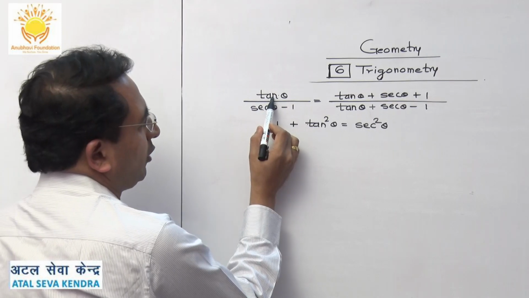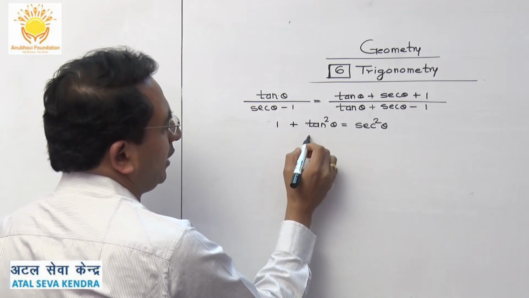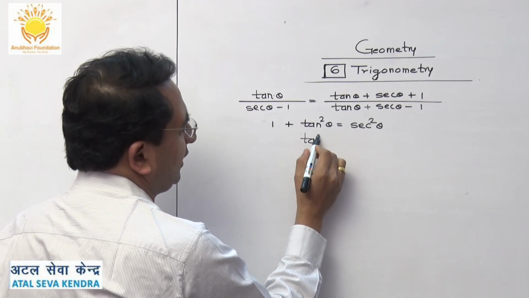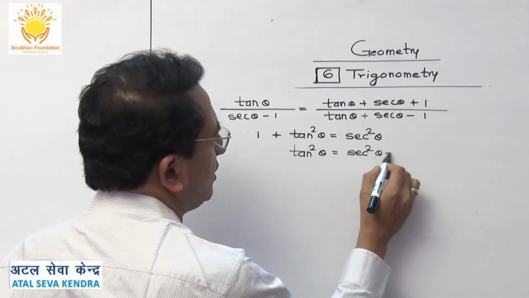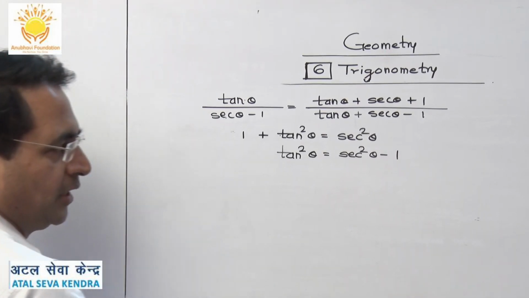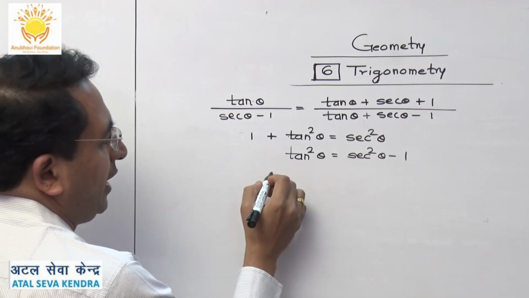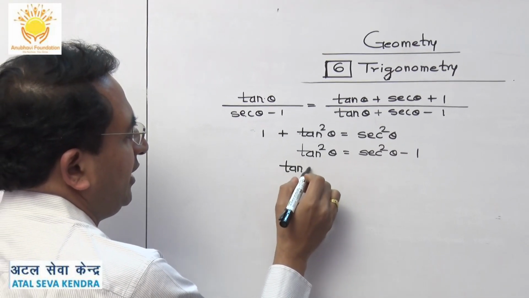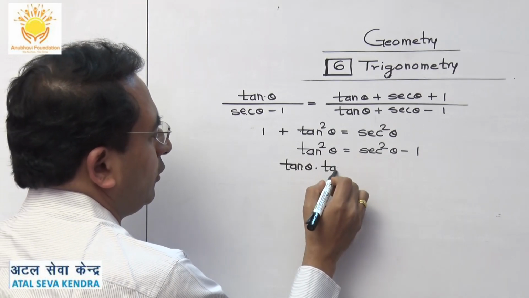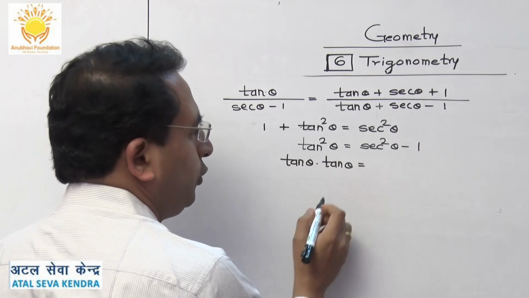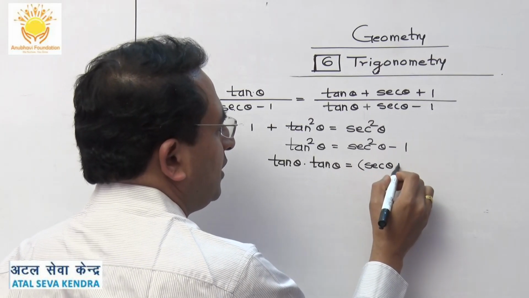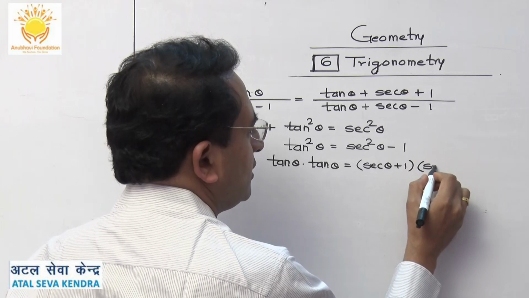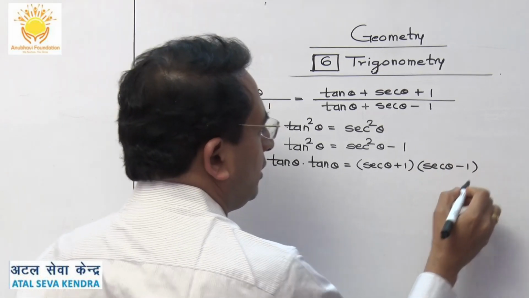The first thing we want is tan theta, therefore I am writing tan square theta is equal to sec square theta minus 1. So now we are going to have this as tan theta multiplied by tan theta, that is equal to, what should be written here? Sec theta plus 1 and sec theta minus 1.